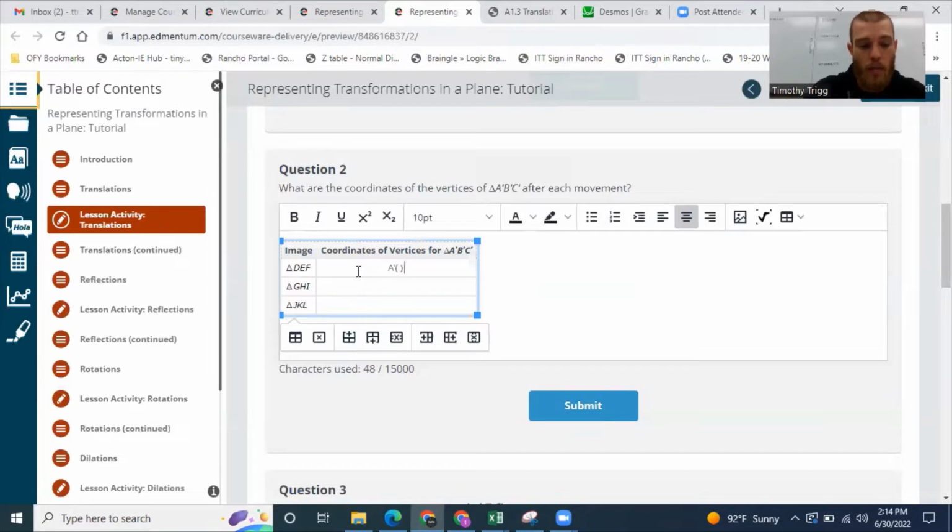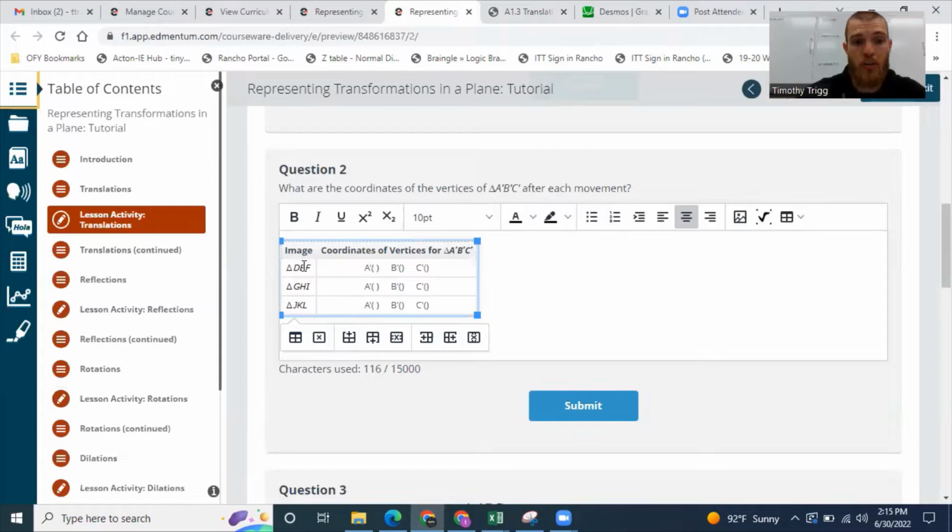Then we also would say B prime and put the coordinates, as well as C prime. Maybe a couple spaces in between, so it's a little spread out. I think that'll look nice. We're going to copy and paste this into these other 2 fields as well. We're going to put the coordinates here though, okay?